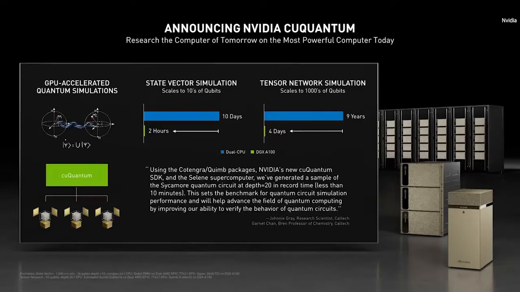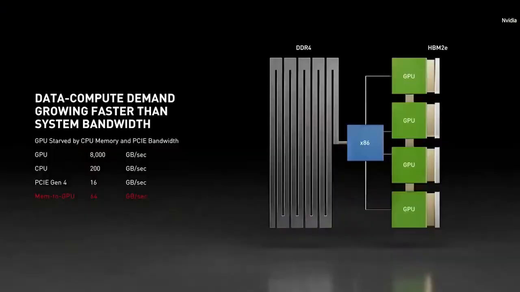The genius of the x86 server architecture is the ability to do a good job using varying configurations of CPU, memory, PCI Express, and peripherals to serve all of these applications. Yet processing large amounts of data remains a challenge for computer systems today. Each Ampere GPU is connected to 80 gigabytes of superfast memory running at 2 terabytes per second.